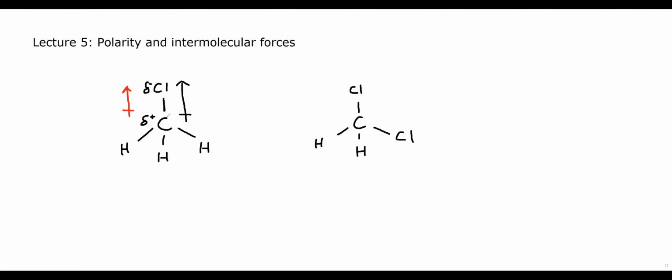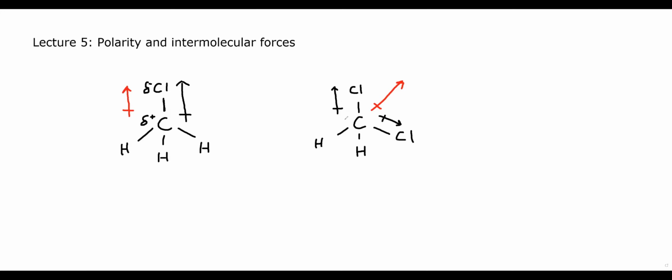Okay, what if we have multiple dipoles? We did touch on this last time. If we have multiple dipoles, such as in the second structure here, then the net or overall dipole in red would be the average of those vector dipoles that we already drew.